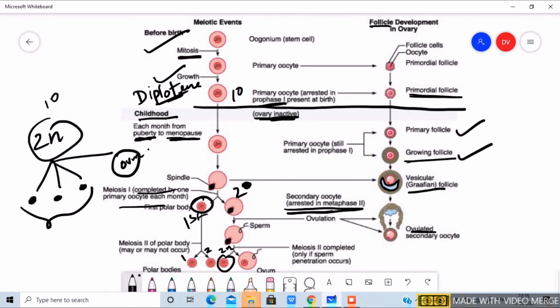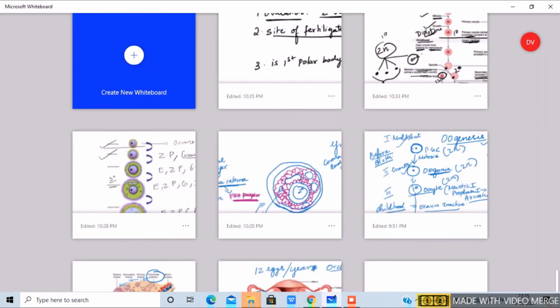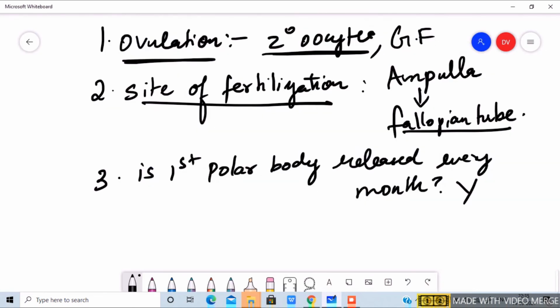This one they are asking. When the first polar body is forming, simultaneously you have the secondary oocyte formed, where meiosis 1 is completed and the secondary oocyte is formed. Which means yes, a very big yes. Every month it will be formed, but it disintegrates.